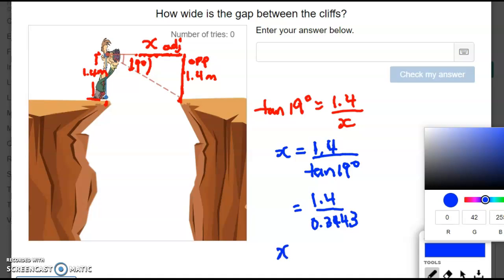So X is equal to 4.06, or to the nearest meter, it will be 4 meters.